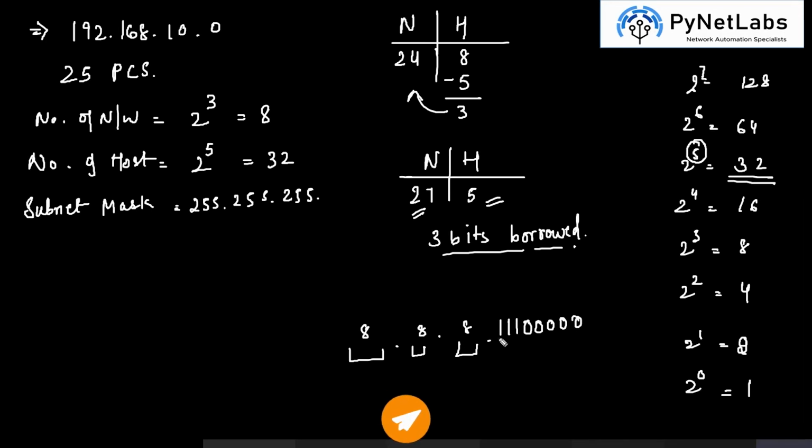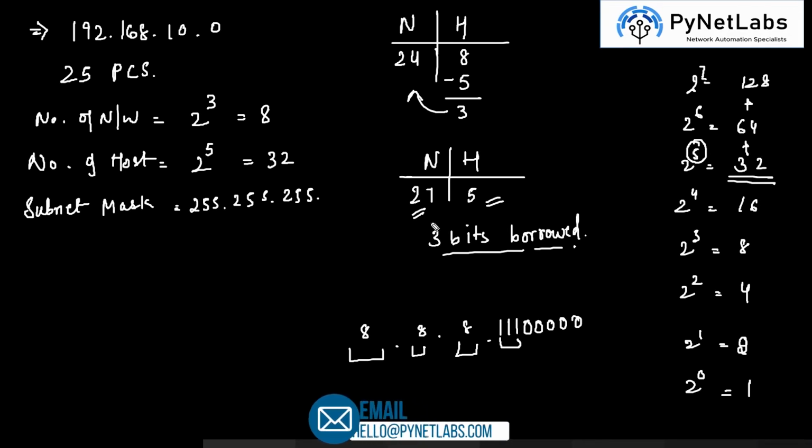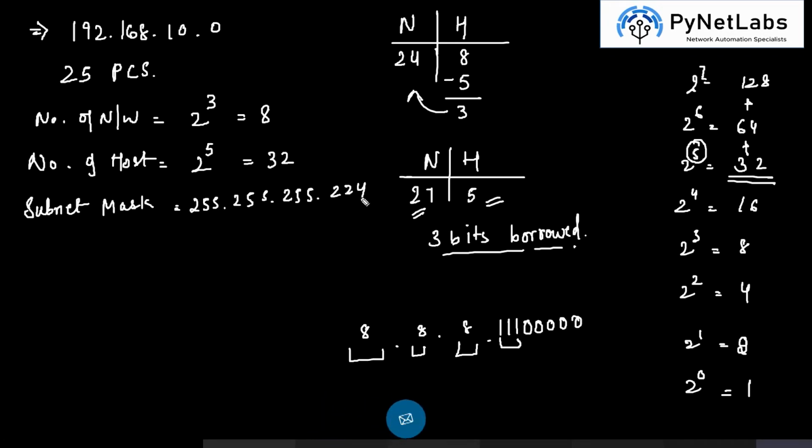Now you can simply calculate this 3 on the master formula. You just have to add 128, 64 and 32. When you add them up, you will get 224. So you just have to write 224 here. And this is the subnet mask for the range.